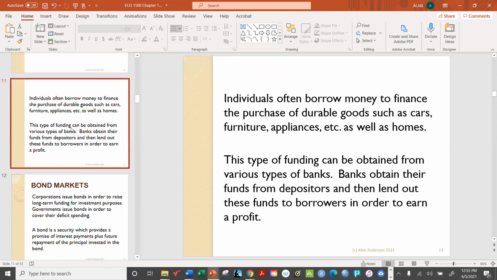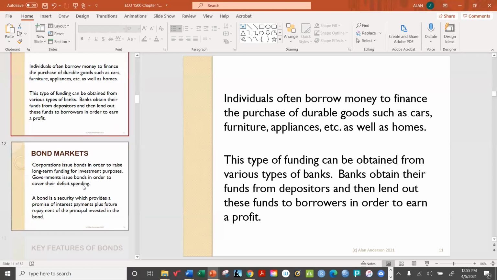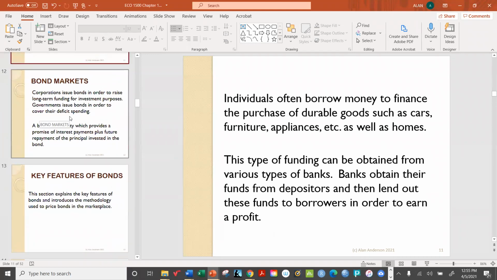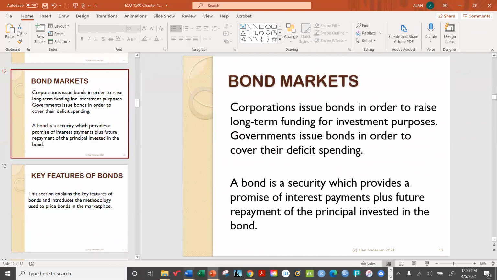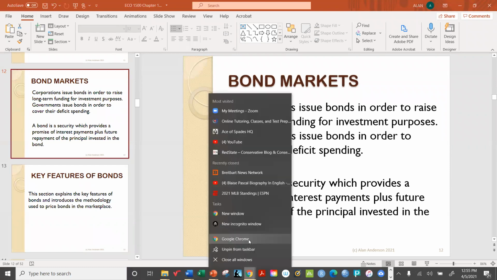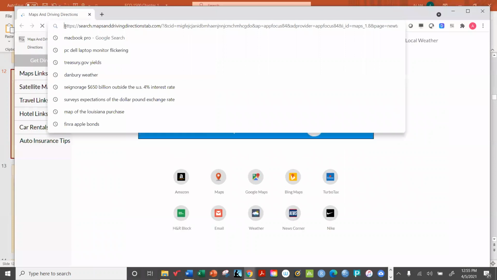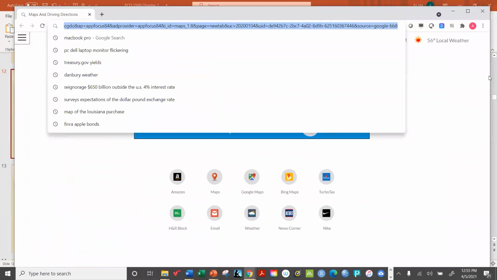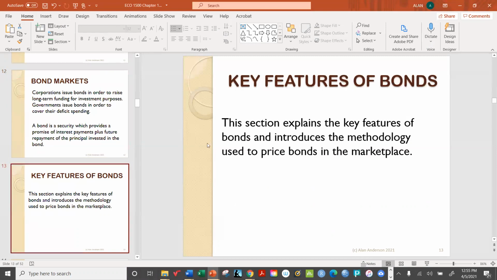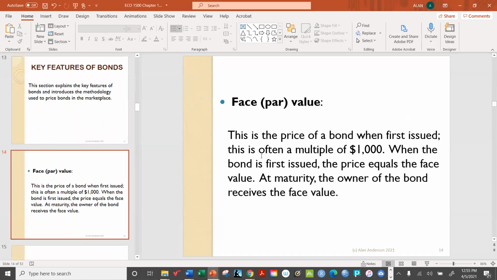Of course, individuals borrow from banks to buy expensive items like houses and cars and furniture and appliances. And then, of course, we introduced the bond markets. Did I show you that picture of the coupon bonds? I think that was the Liberty bond. Yeah, so that's why the interest payments on bonds are referred to as coupons.